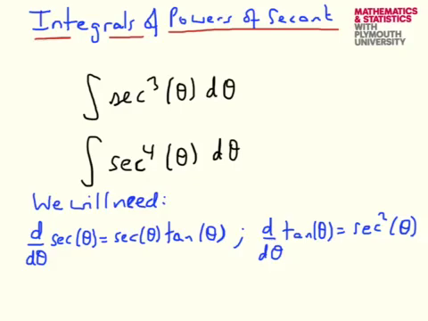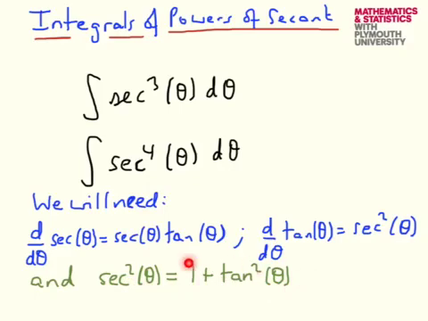As well as this, we're also going to require the result that sec squared theta can be written as 1 plus tan squared theta. And this result is exactly the same as saying that 1 is sine squared plus cos squared and then dividing both sides by the cosine squared.